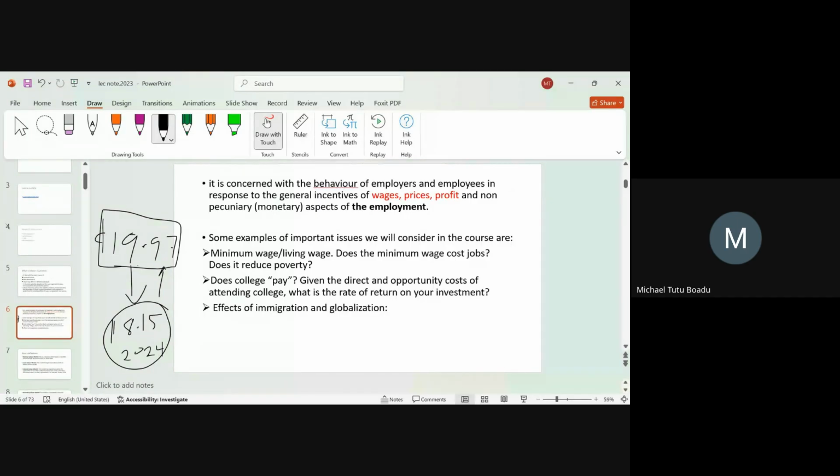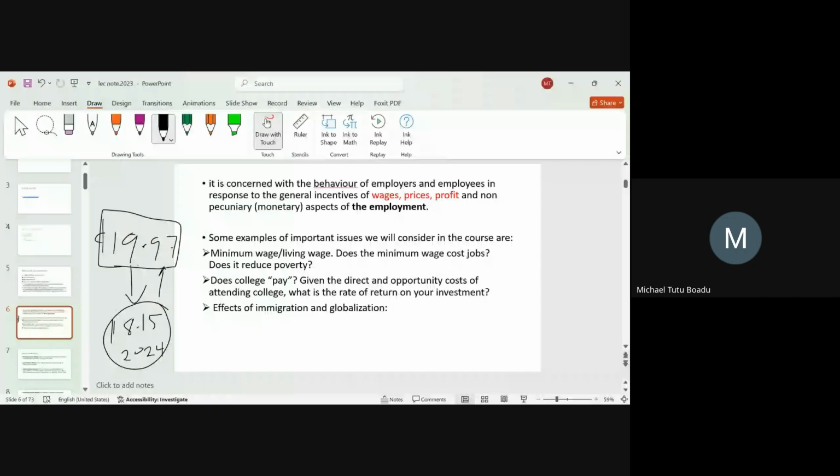So that is the historical antecedents of how our minimum wages have been changing. How is this determined? When we get to wage determination, we'll look at the factors that go into the minimum wage determination.